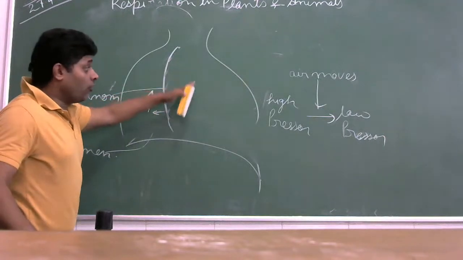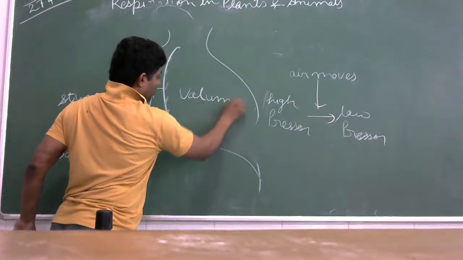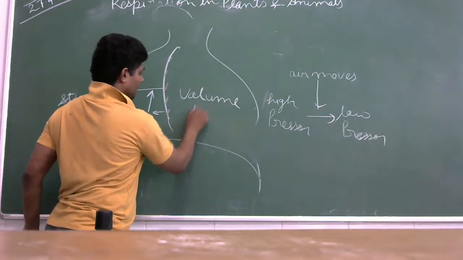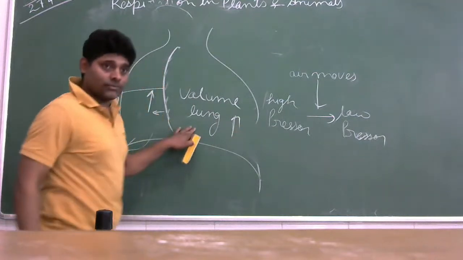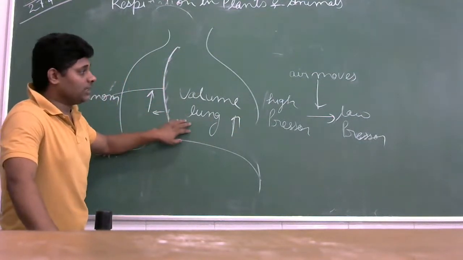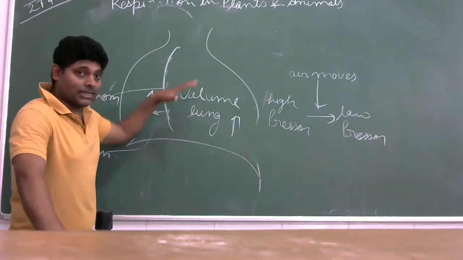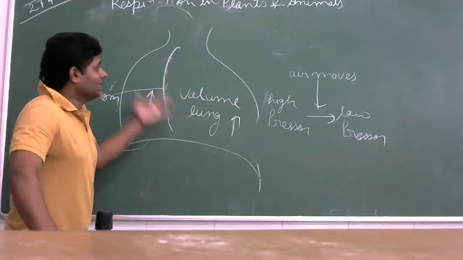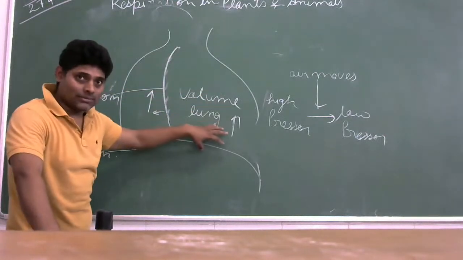Ultimately, the volume of the lungs increases. If the volume of the lungs increases, it means pressure decreases. If pressure decreases, then automatically the air outside the body rushes into the lungs.